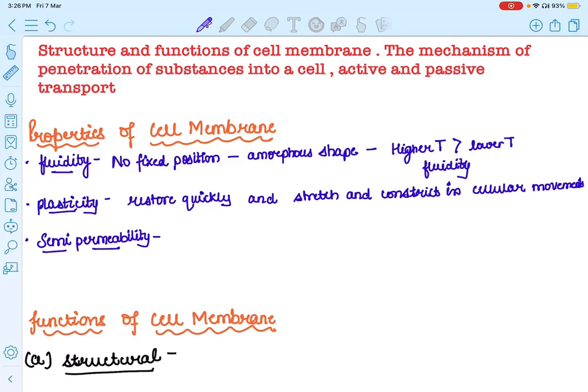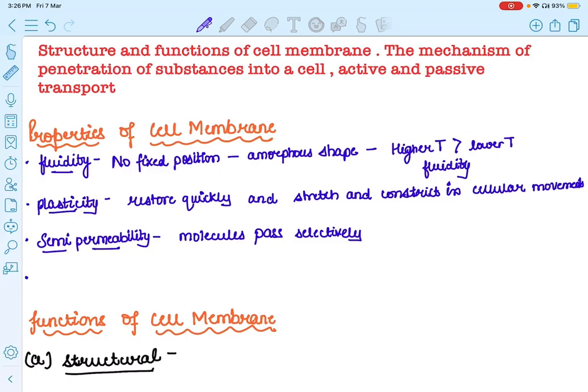That is, the molecules pass selectively. Just similar to a security guard standing at the door: the person whom he will allow, he will allow to enter inside the room. If he doesn't allow a person to enter into the room, he won't let them in. Okay, the semi-permeability is like a security guard of the cell.